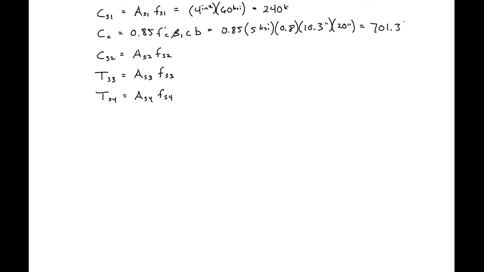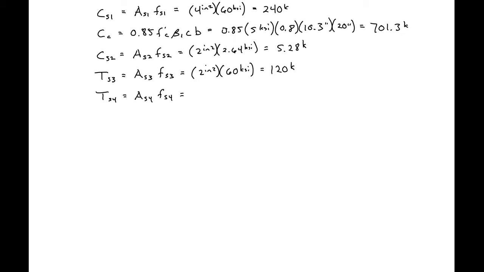Then our second layer of steel, we have 2 square inches, and in that second layer we had 2.64 ksi stress. So we'll have 5.28 kips of force. Our third layer, we have 2 square inches of yielded steel in tension to give us 120 kips.